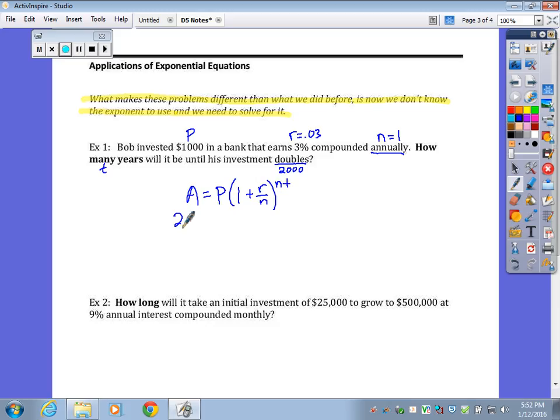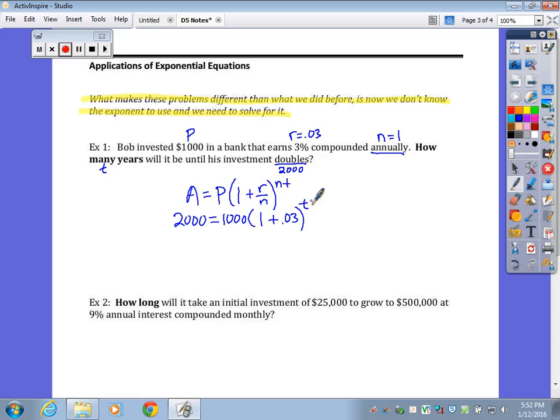The A is 2,000. The P is 1,000. The R is 0.03. The N is 1, so I'm not going to write it. And the T, I don't know. So I have to solve for T, and I need to do the order of operations.